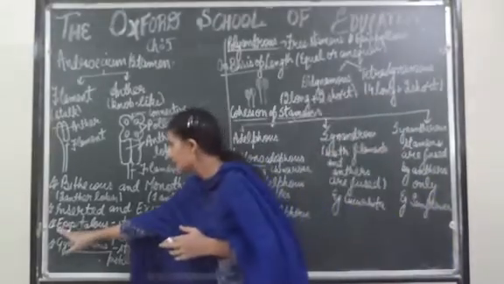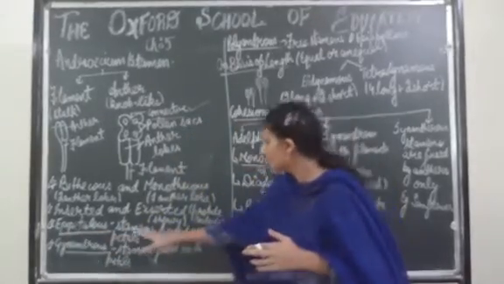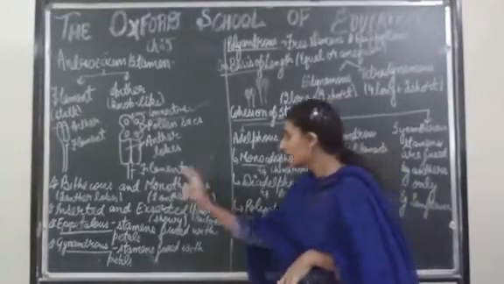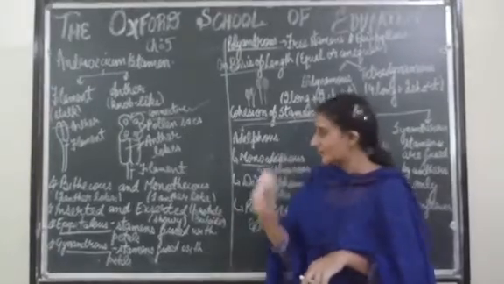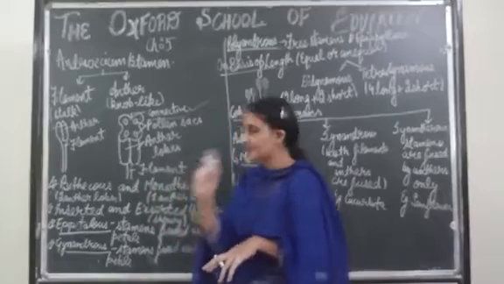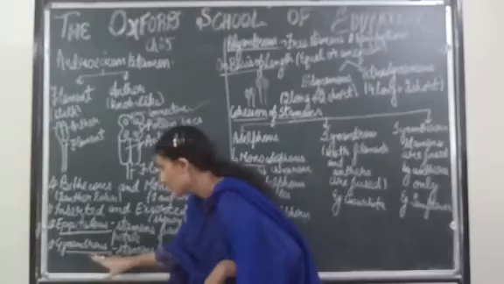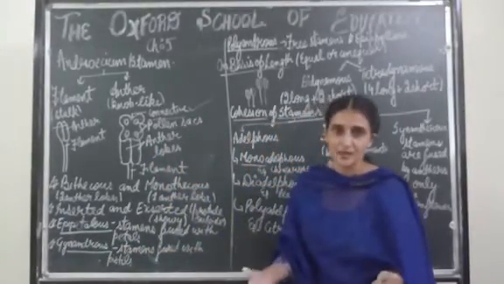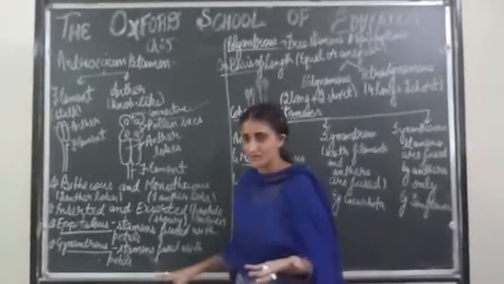The first category is epipetalous. Epipetalous simply means when stamens are fused with petals. Petalous means with petals. The second type of adhesion of stamens is gynandrous. Gyn simply means it is fused with the pistil. Pistil is the female reproductive part, that is gynoecium.